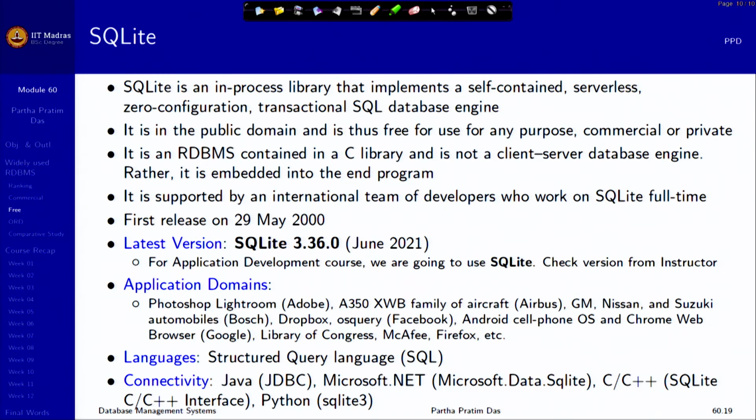This is going to be the database system that your application development course, which goes hand in hand with this DBMS course, will use. You have to check the version from the instructor, and here I have given certain indicative big applications which are based on SQLite, and they come from big companies like Adobe, Bosch, Google, Airbus, McAfee and so on.